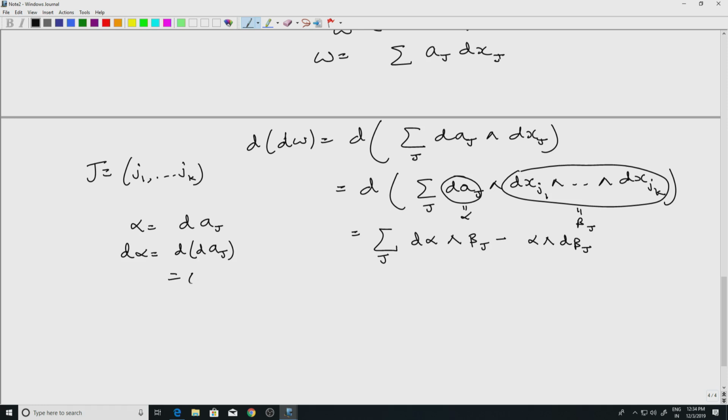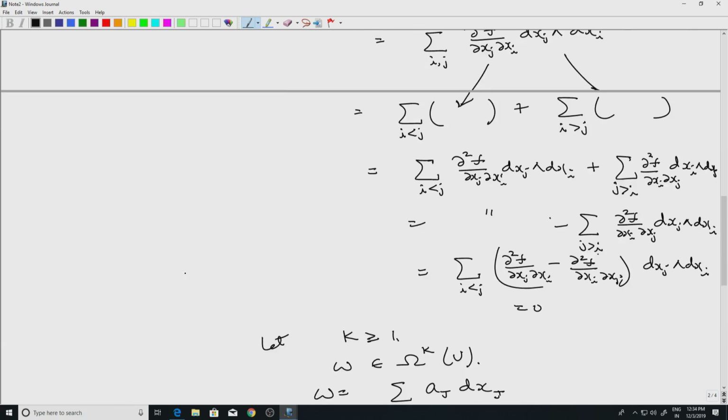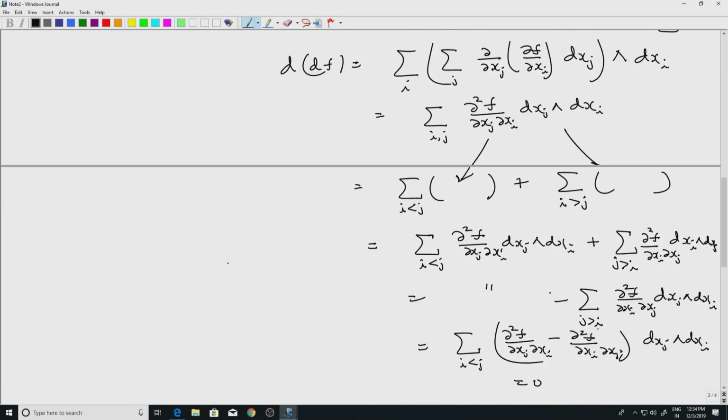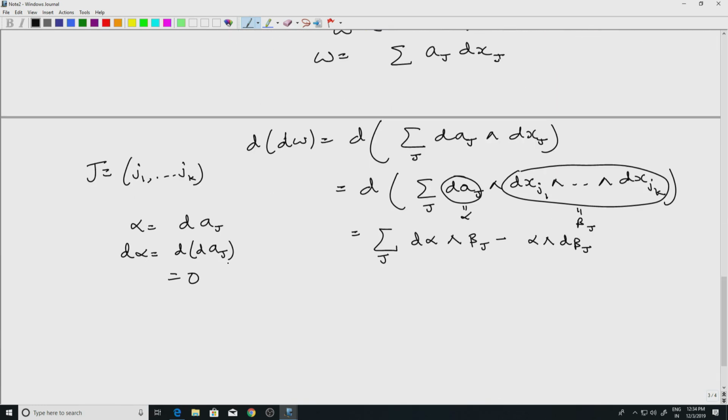And we already saw by what we just did, the k equals 0 case, that d alpha, d of a_j, is 0. So the previous step implies that this term goes away and you're just left with negative alpha wedge d beta j.